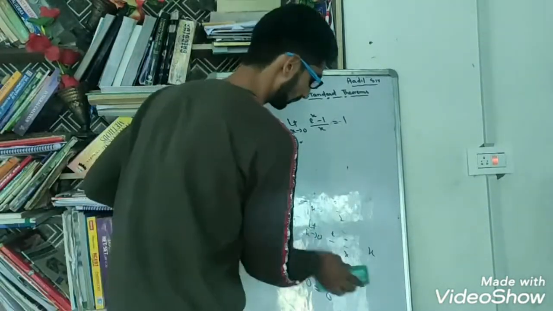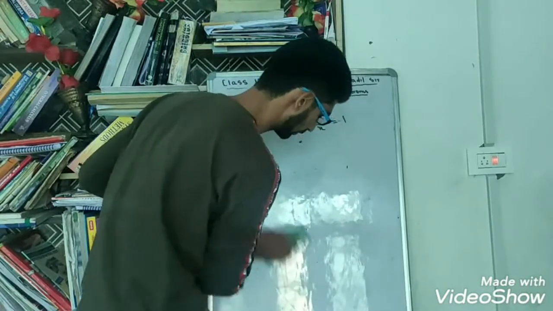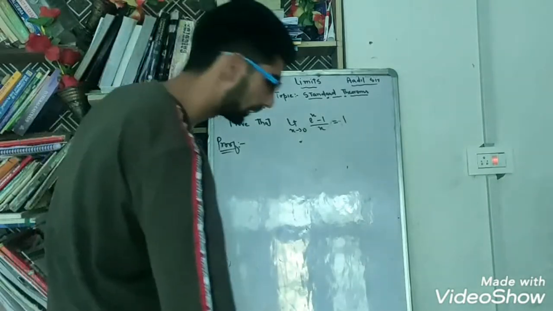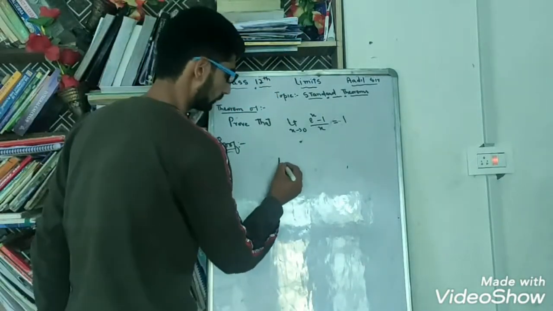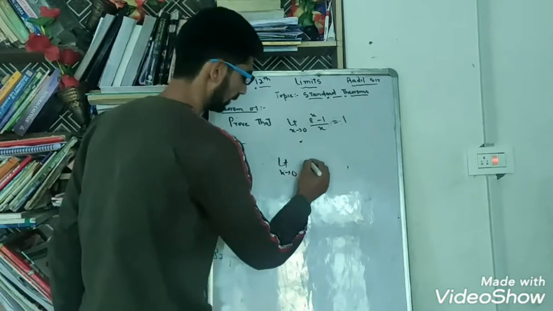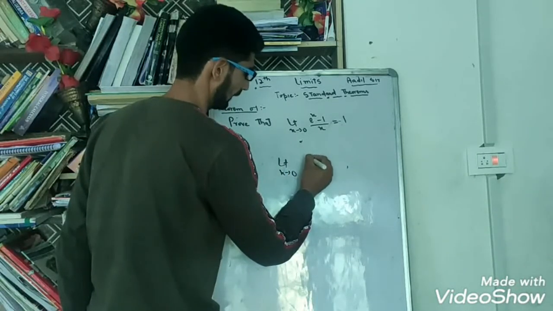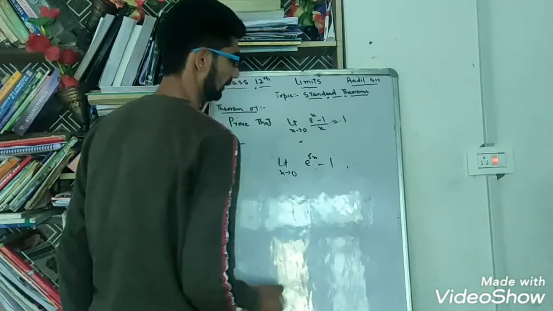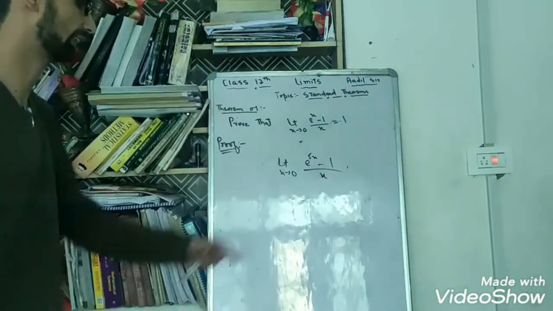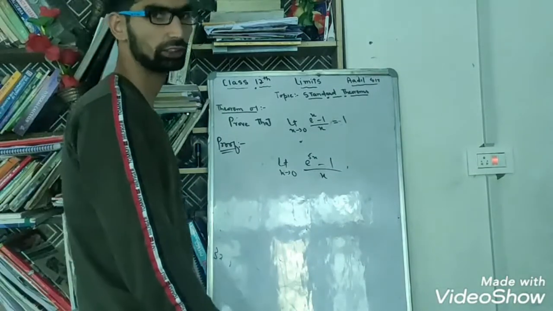Now beta, another example we are going to solve will be based on this. If we have now beta the limit as x tends to 0 of (e^(5x) - 1)/x, if we have a function like this, how can we find this limit beta?